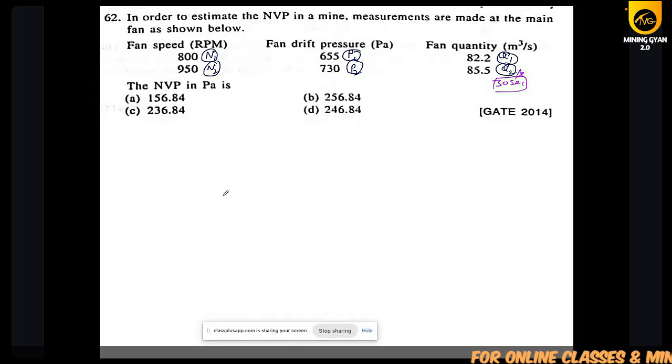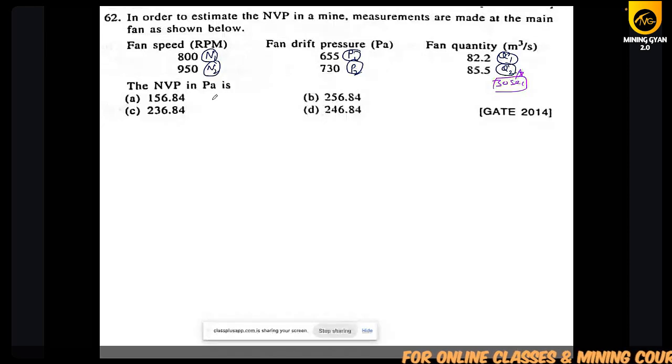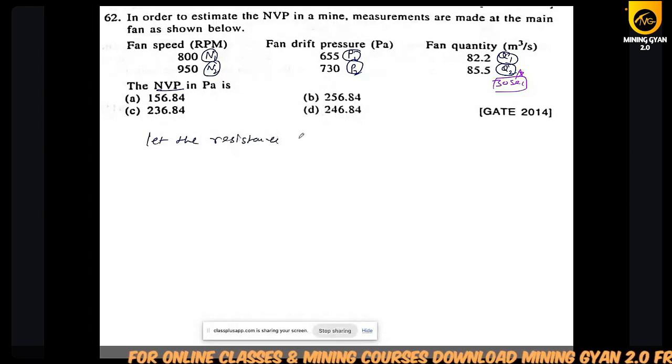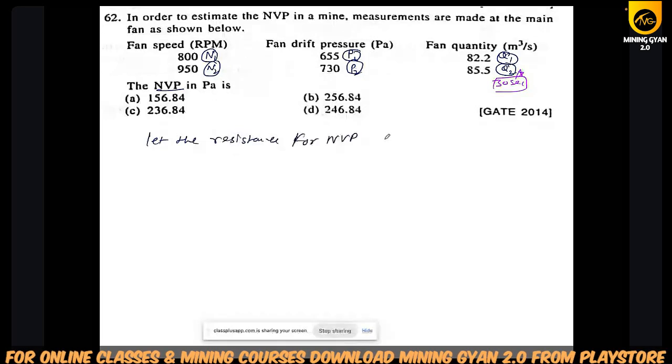Let the resistance for NVP be R, and NVP pressure, or NVP is already pressure, so you can denote it with PN.